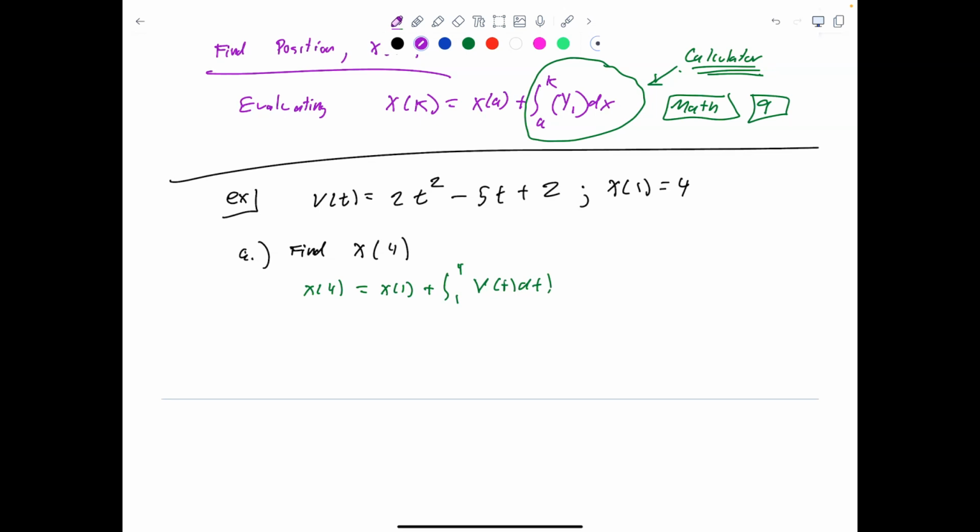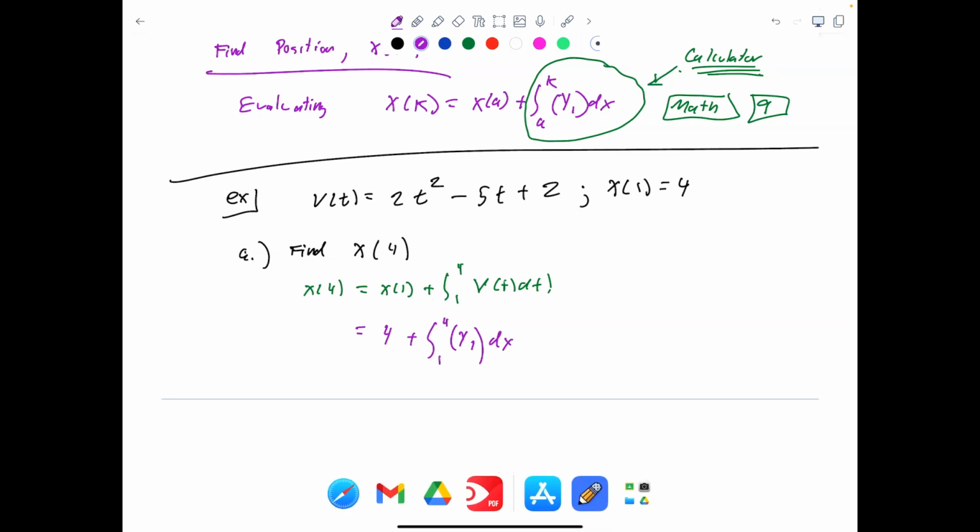So what we're going to plug in our calculator is, well, what is x of 1? 4 plus the integral from 1 to 4, and because we put the function in y1, you're going to put it as y1 dx like this. So you're literally going to be typing this into your calculator. But first, make sure you can follow along, type in the function into y1 first.